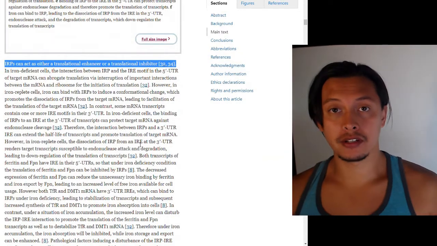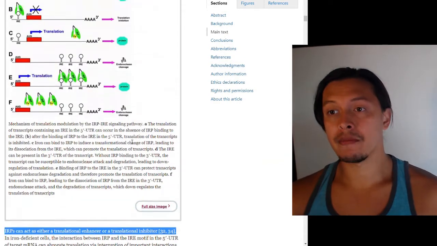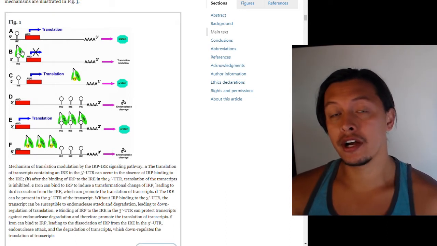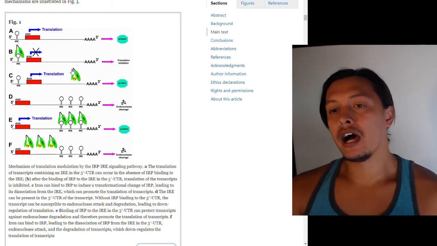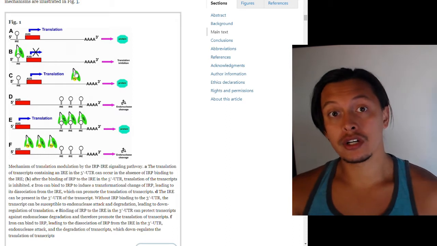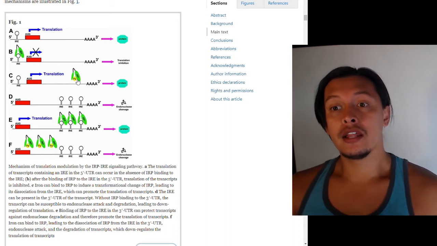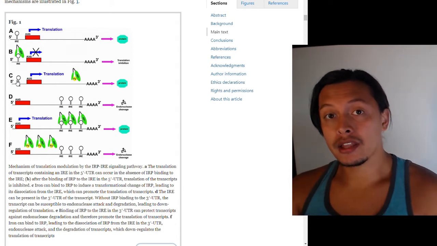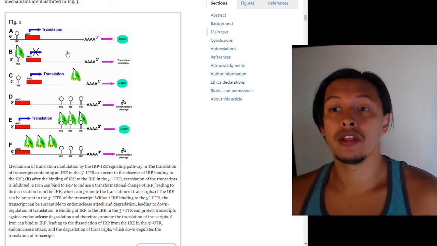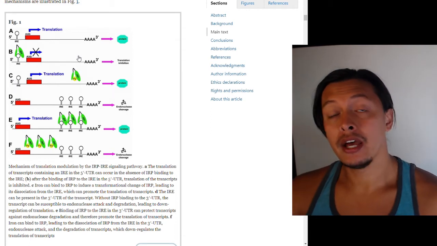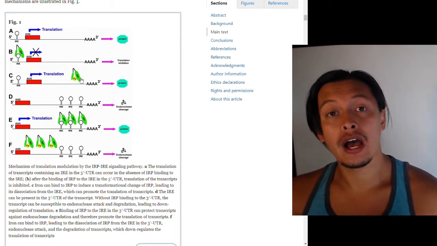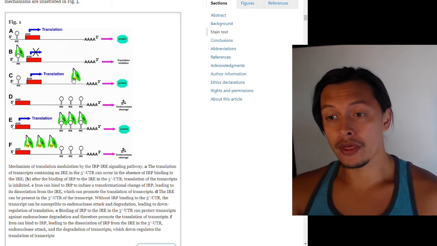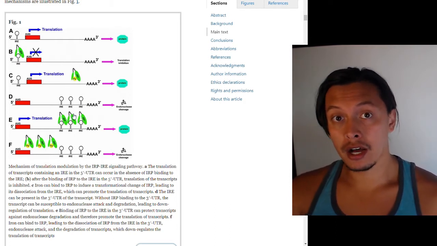So, to do a quick recap on the previous episode, we went over what these iron responsive proteins or iron regulatory proteins are and how they influence the translation of the mRNAs that have these iron responsive elements on them, whether they upregulate or downregulate them, depending on where they are located on the mRNA, and also whether or not you have sufficient iron in that particular area will determine whether these proteins are going to be on or off.